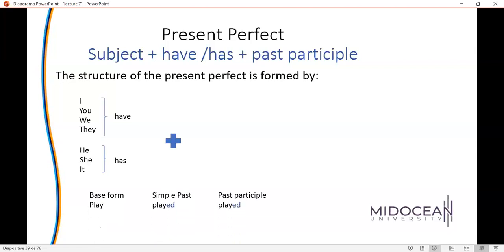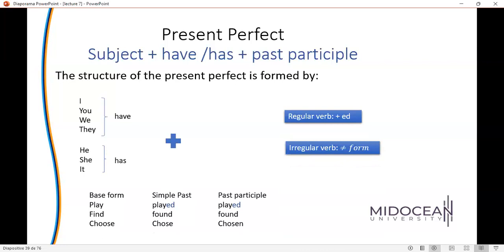For example, play, simple past played, past participle played. Find, simple past found, past participle found. Choose, simple past chose, past participle chosen.